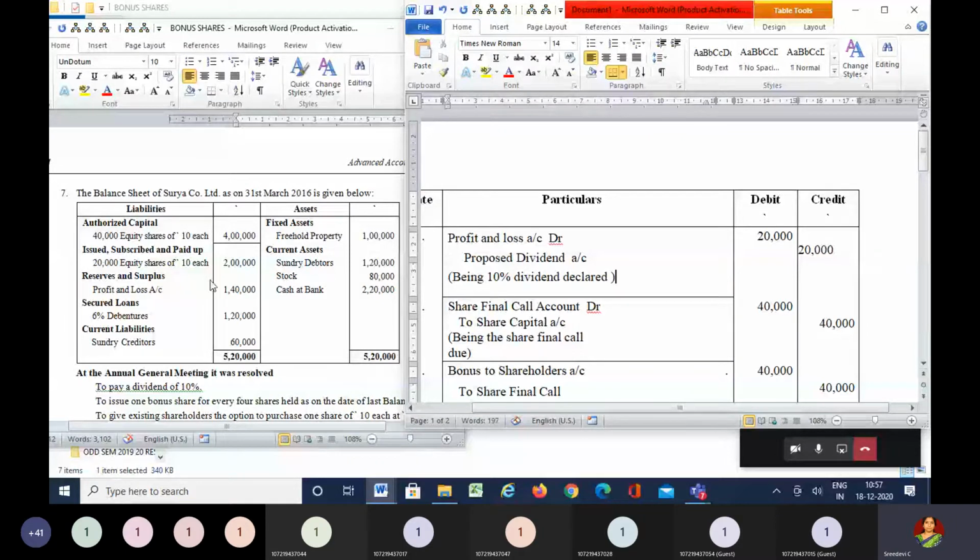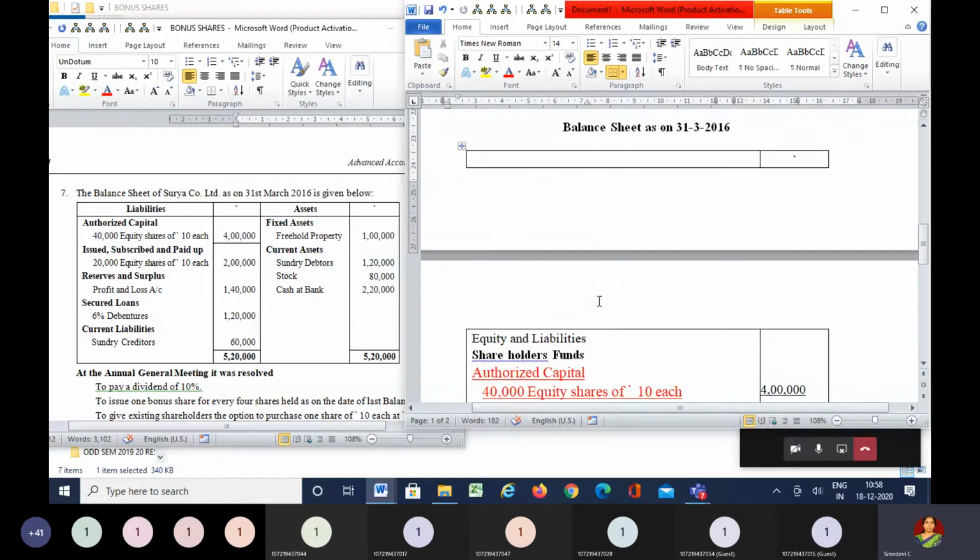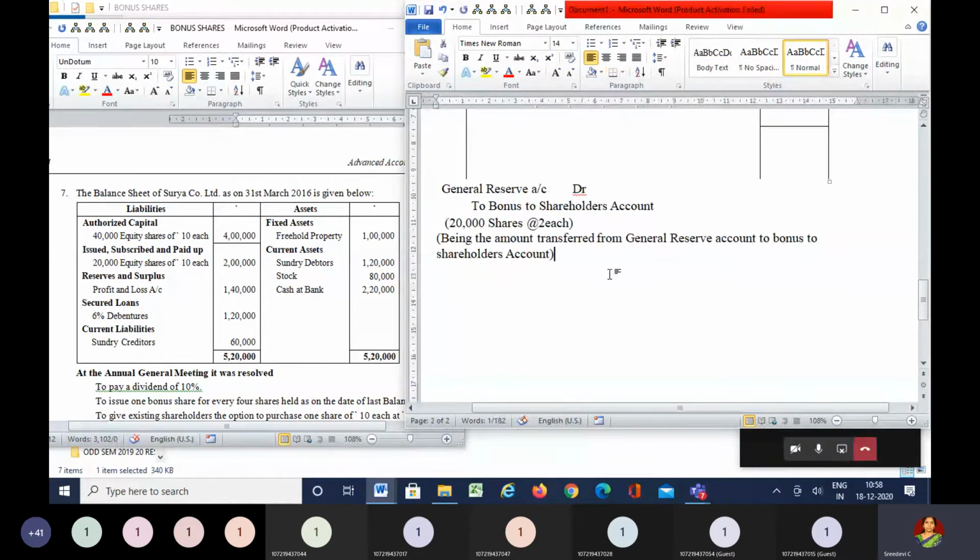Now the next one. As it says here, to pay. It is not that they have just proposed; they have decided to make a payment. When they make the payment, cash flows out.